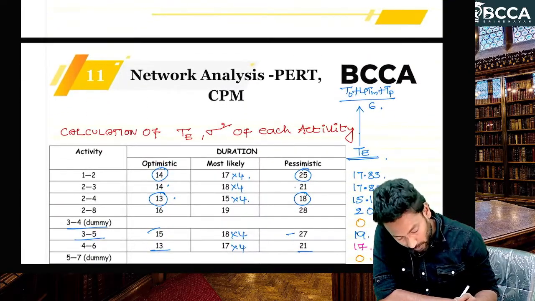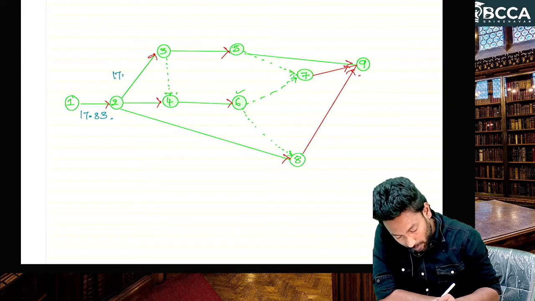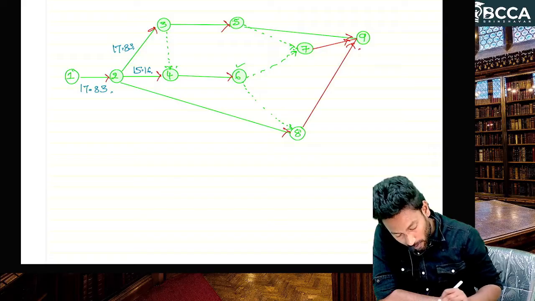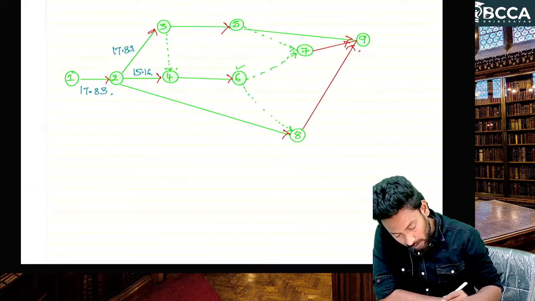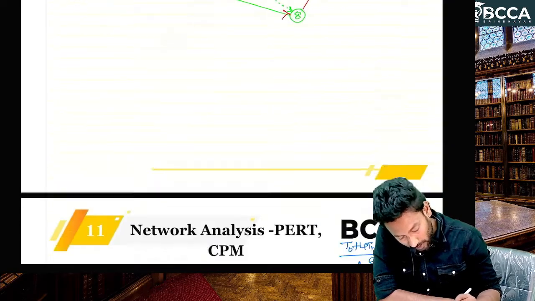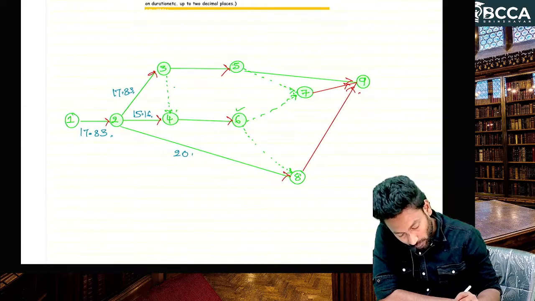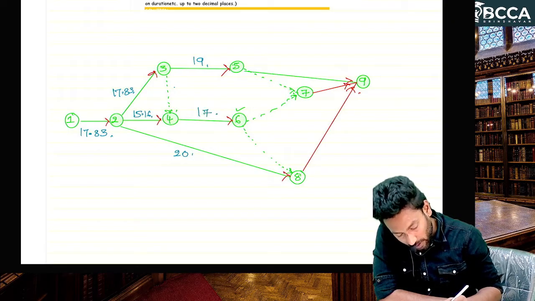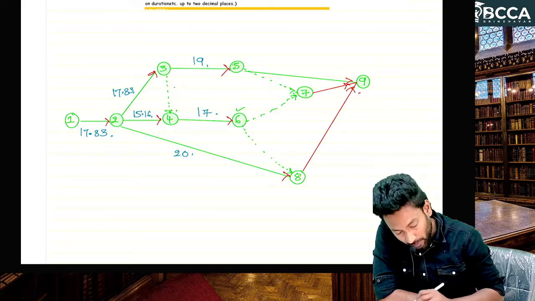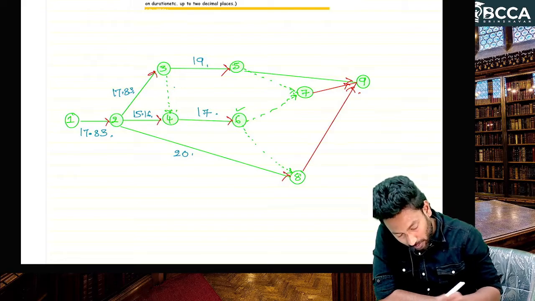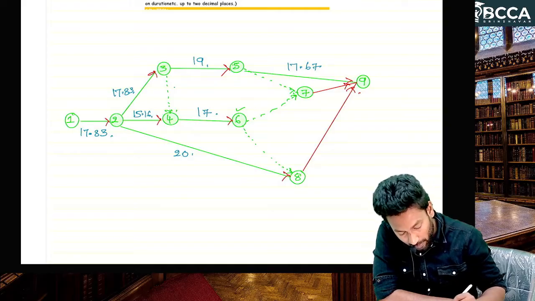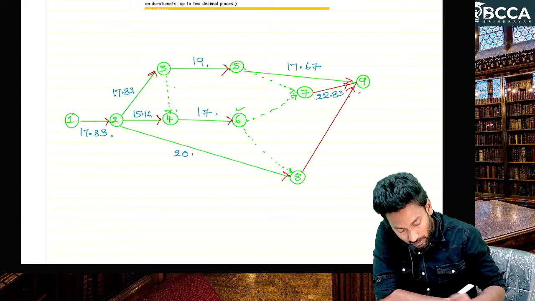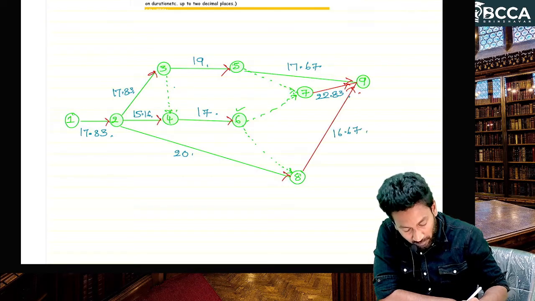Next, 2 3: 17.83 only. 2 4: 15.16. 2 8: 20 days. 3 4 is a dummy, leave it. 3 5: 19 days. 4 6: 17 days. 5 7, 6 7 dummy, 6 8 also dummy. 5 9: 17.67. 7 9: 20, 22.83, 16.67.